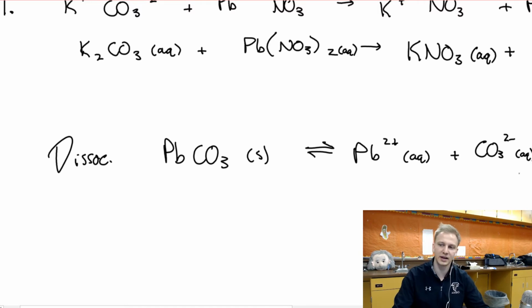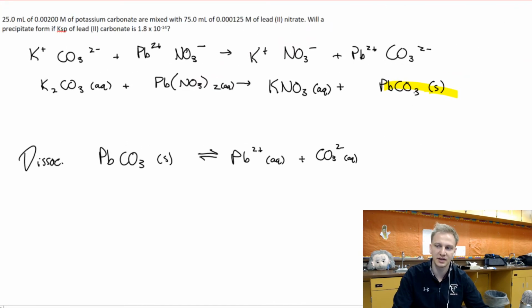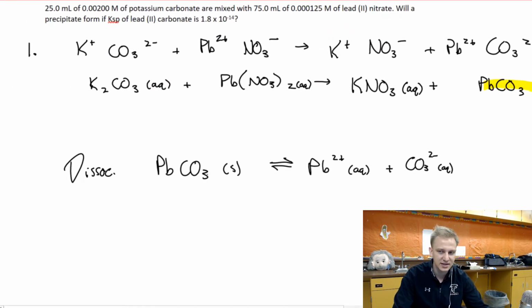Now, the formatting is kind of strange, but we always write the solid on the reactant side, even though up here in our balanced equation we need to balance it like this. Down here, we'll write it just as a reactant in our dissociation equation. That's one of the nomenclature things of how you do these questions.